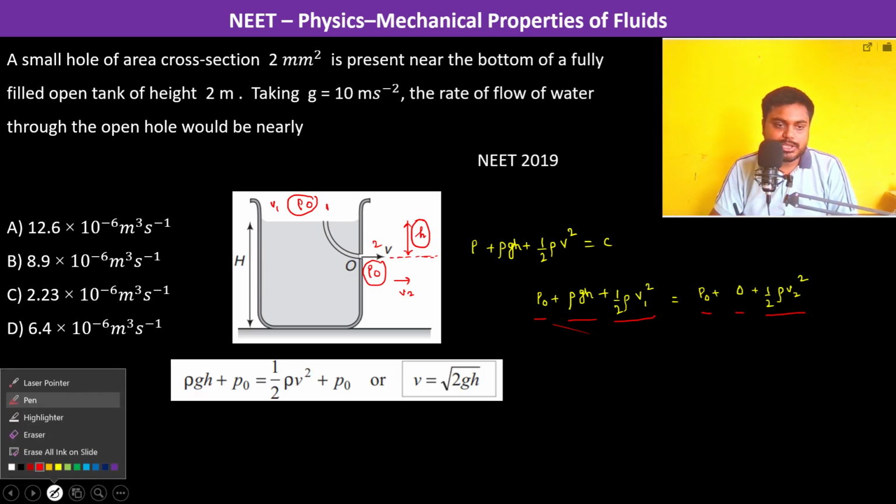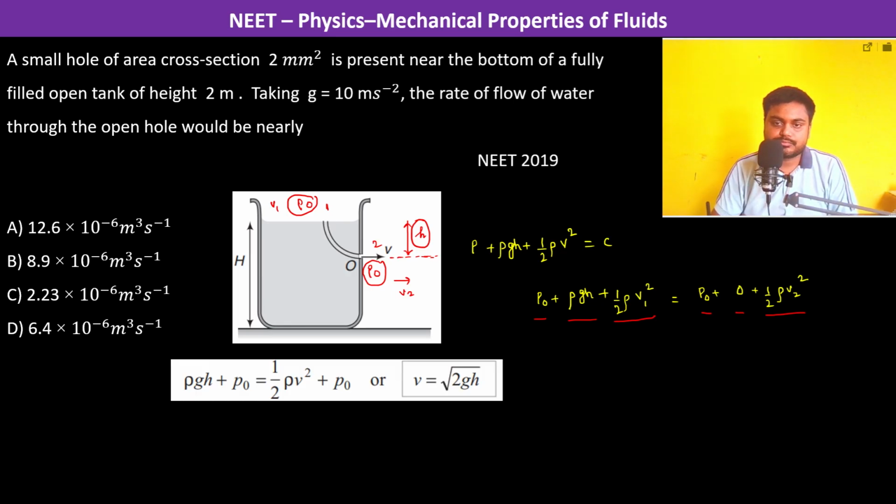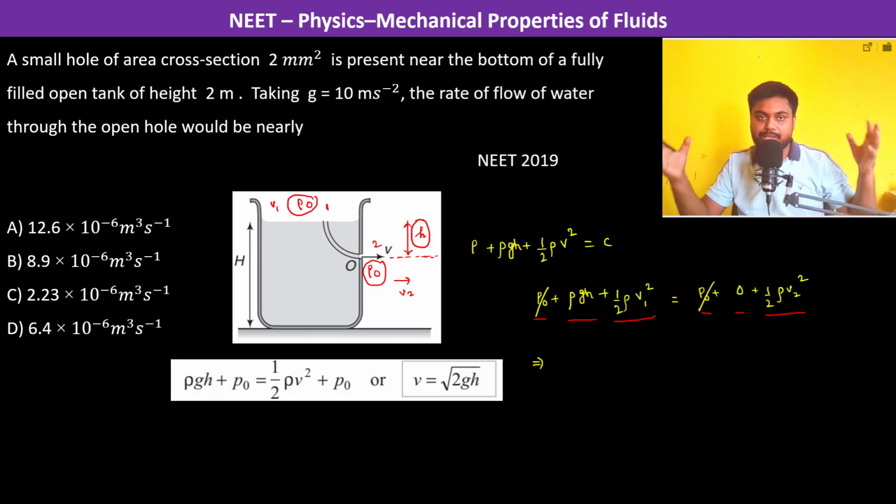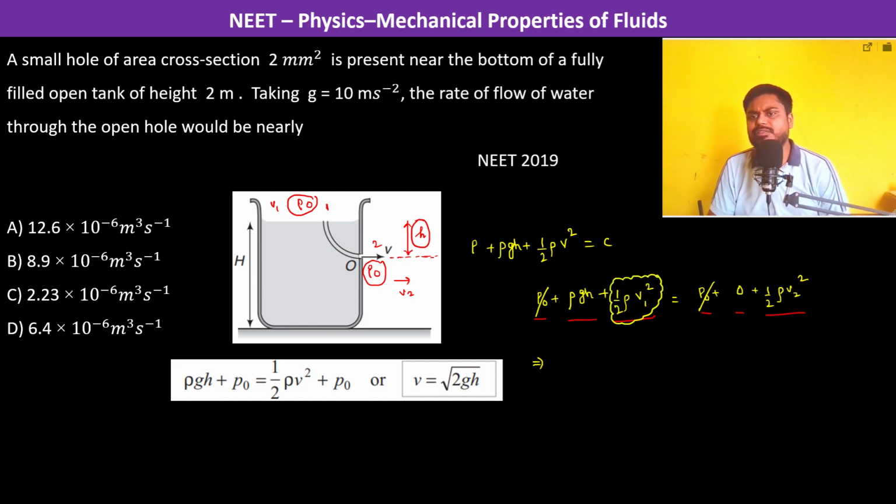Now this P naught and P naught will get cancelled. Since the tank is quite huge, this velocity v1 can be neglected, it's very less, so we take it to be 0.